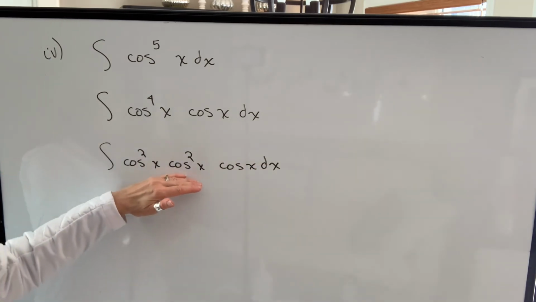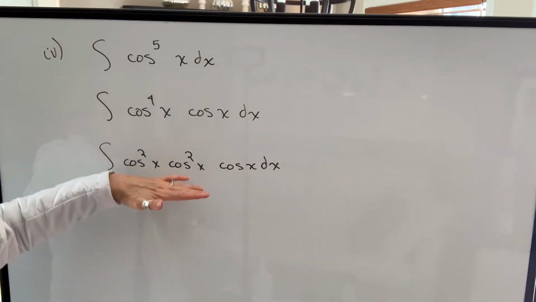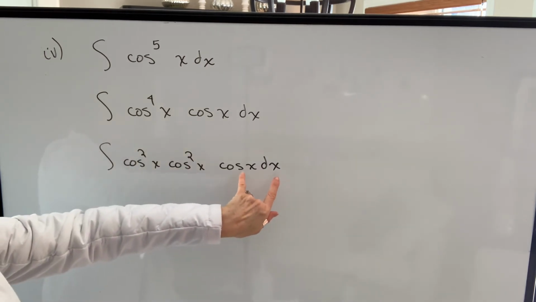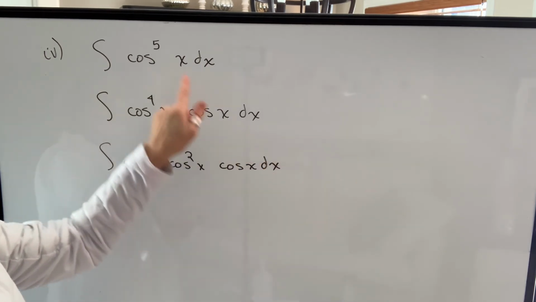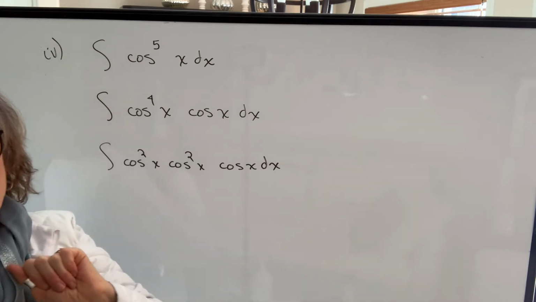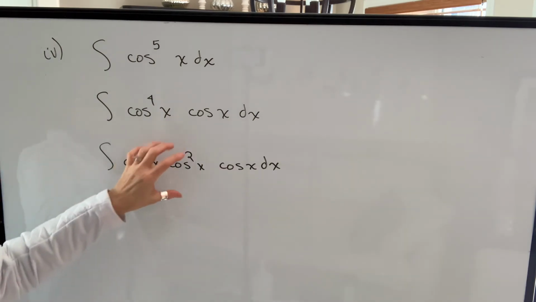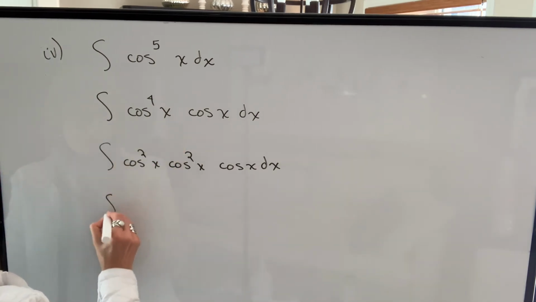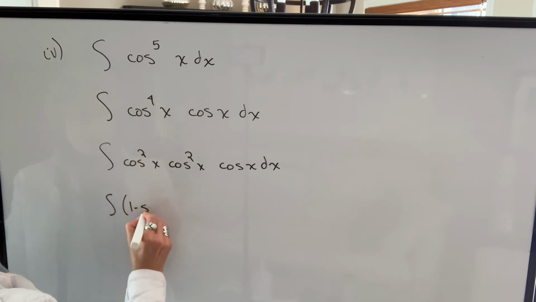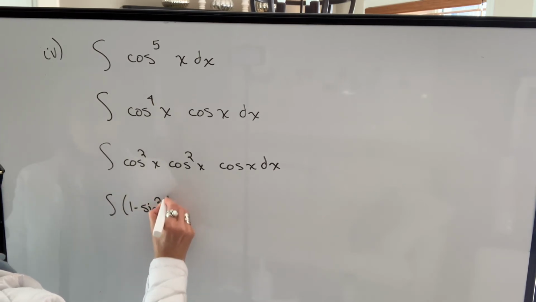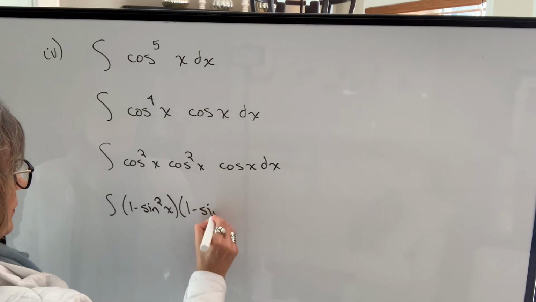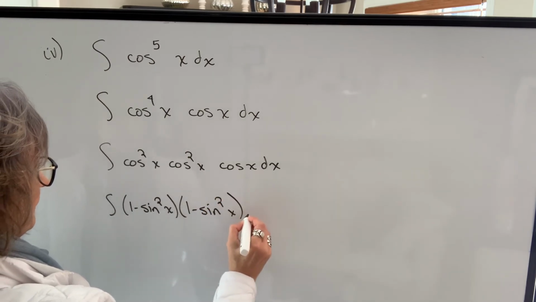In this case, I'm not going to use my double angle identities. I'm going to use my Pythagorean. Once you have this factor there, so in other words, when the power is odd, you're going to be using your Pythagorean identities. So this will be 1 minus sine squared x times 1 minus sine squared x.